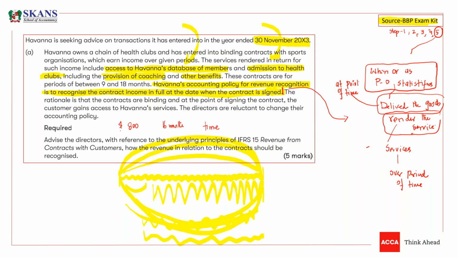Basically, there are four POs, but the pattern of providing service for all POs is the same. They take these benefits every day over time. So because the pattern of providing benefit is the same, we will recognize revenue for all these four POs over time. We don't need to split into four POs because the delivery pattern is the same.